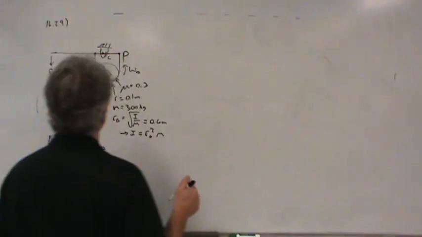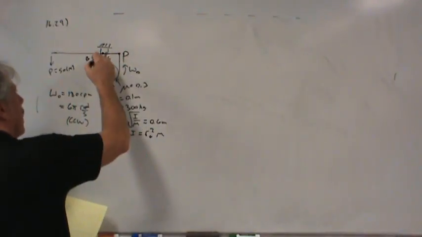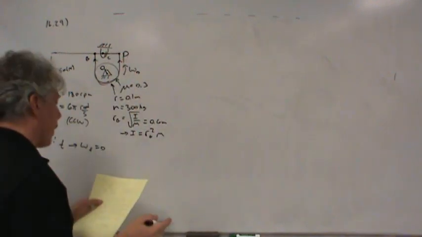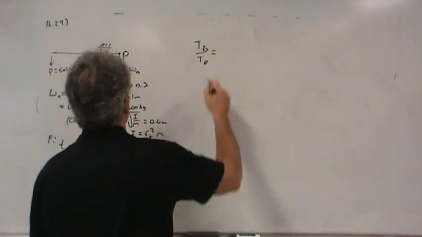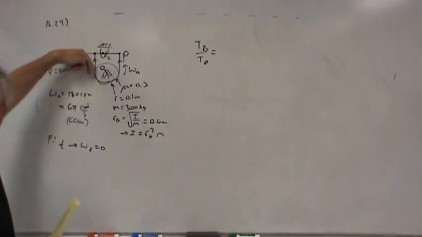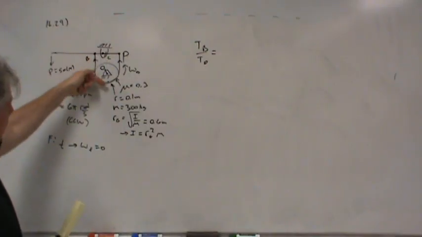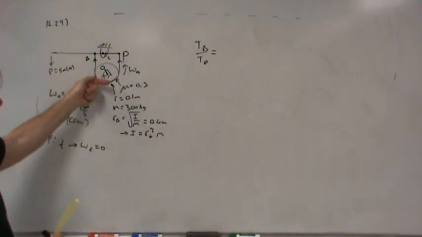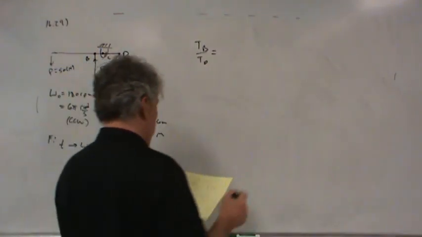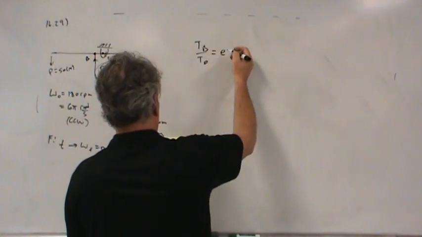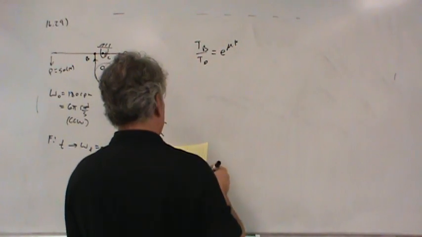I started off realizing there's a relationship between the tension at D and the tension at B, so I wanted to relate those two. So I simply said the tension at B over the tension at D, understanding that friction's acting this way on the belt, so if the drum's rotating this way, friction's acting along the entire belt length. Well, then that means the tension at B is more than the tension at D. And so from our study in friction, we know that this is e to the mu beta, where beta is the wrap angle.